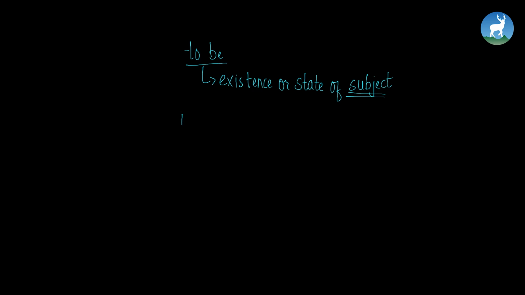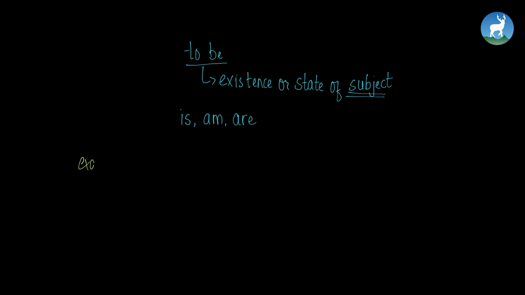So, in that context, the verb to be is used to indicate existence or status of the subject, meaning the thing or person the sentence is talking about. It is indicated with the verbs to be, and they are is, am, and are.